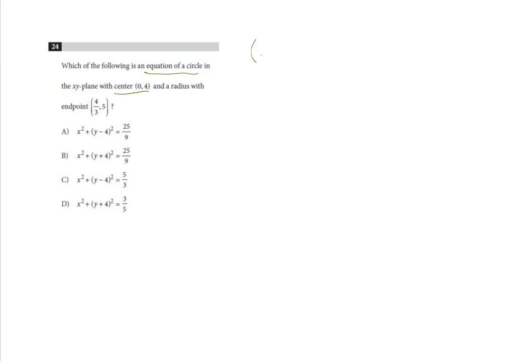So our equation is going to start with x minus 0 squared, which I can actually turn into just x squared, plus y minus this 4 here squared, which is equal to some radius squared, but we don't know that radius yet.